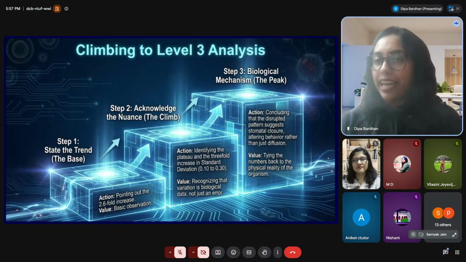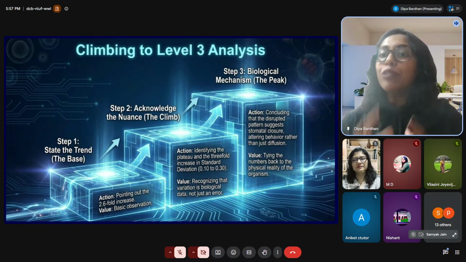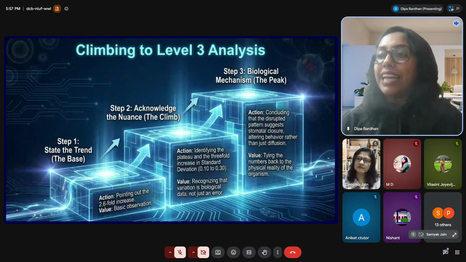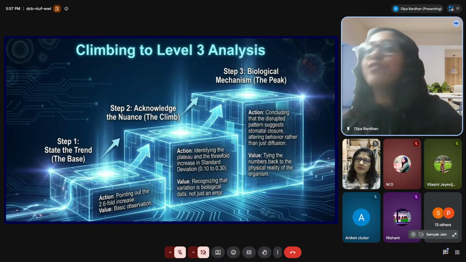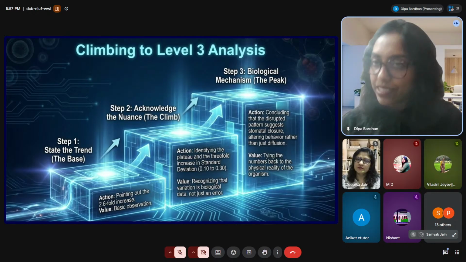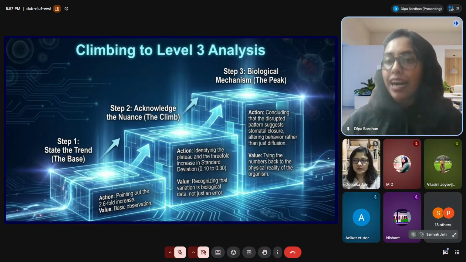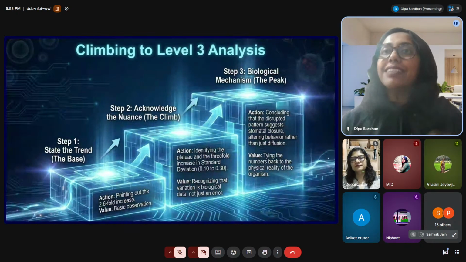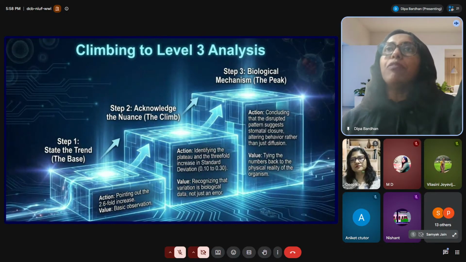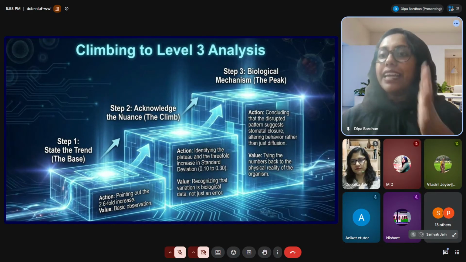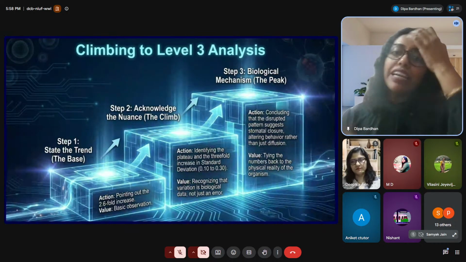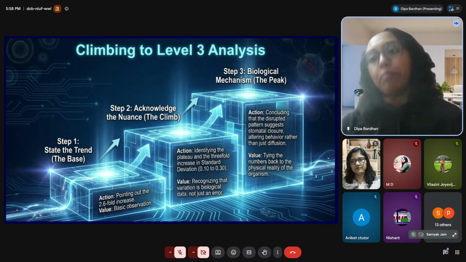And more enhanced, you reach the final culmination when you say how this relates to your RQ. How it relates, it proves, it disproves your hypothesis. So this is how you can improve your analysis. Analysis is not just describing what is given in the graph. It is relating it to a biological context or giving a cause why this is happening.